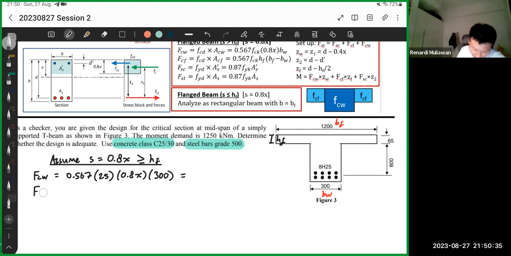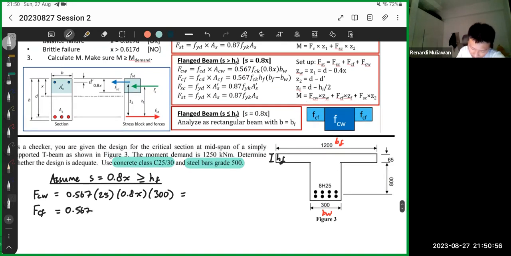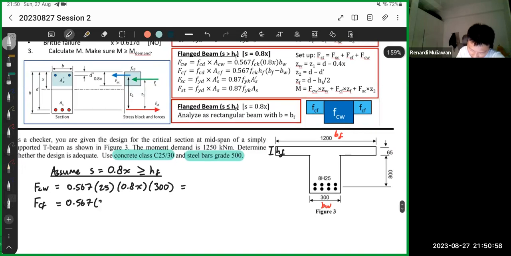For FCF, if we're taking these two combined, it's basically the whole length minus the BW. That's why the formula is BF minus BW, because we're taking the sides only. So 0.567 multiplied by FCK, which is 25, then HF, which is 65, then BF minus BW.